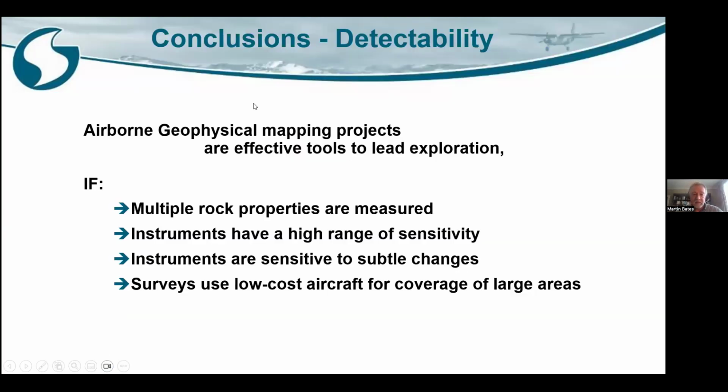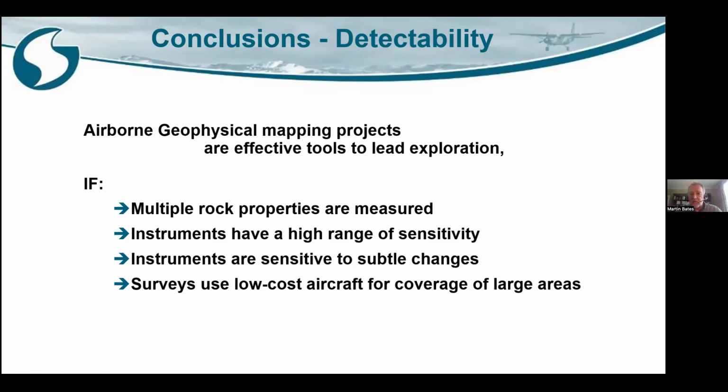Yeah, so it's all about detectability in the end, measuring multiple rock properties. You need instruments that can detect the range of the types of changes that you need to be able to see, to tell the differences that you're looking for. And relatively speaking, airborne survey is a way of covering large areas relatively cheaply.